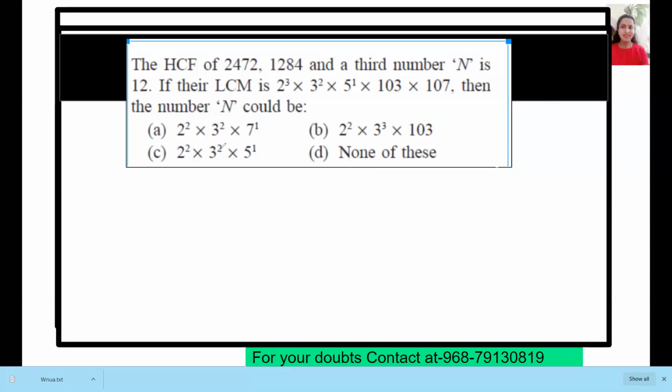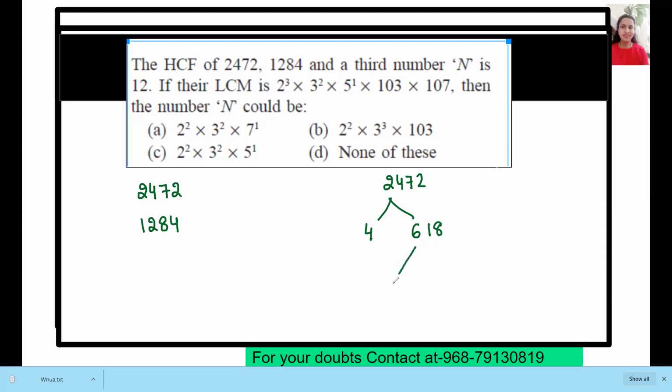So first what we have to do, we have to find the factors for 2472 and 1284. So let's find the factors of 2472. I'll divide, let's use the tree method. I'll divide it by 4. So 4 times 6, 24 and 18 times 4, 72.